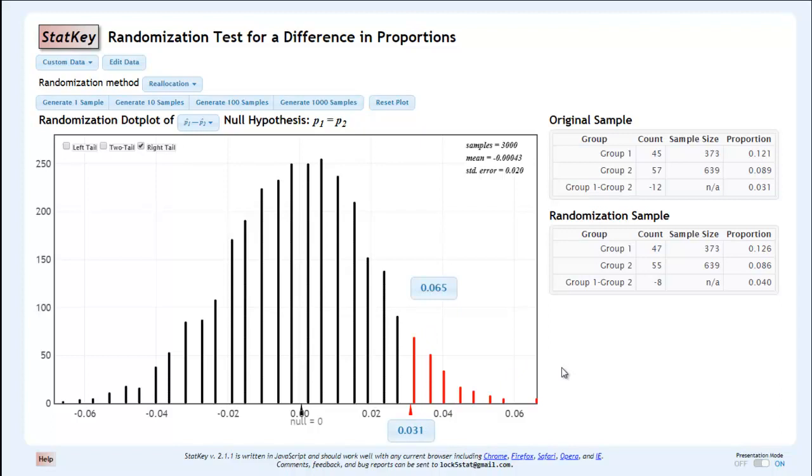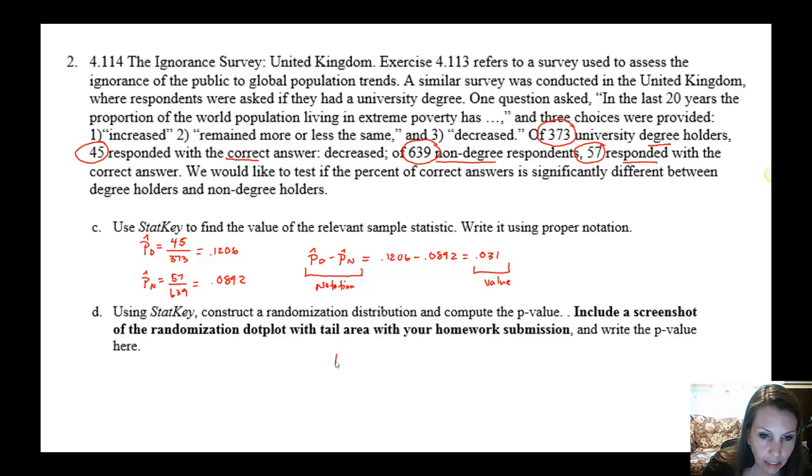Now in this case, we had a two-sided test. In a two-sided test, the p-value is going to be double the proportion that's in the floating box. We saw in StatKey that the proportion of values as extreme or more extreme than our 0.031 was 0.065.